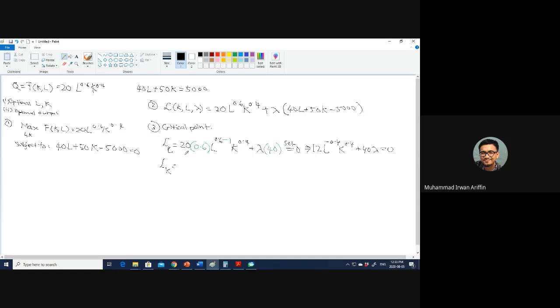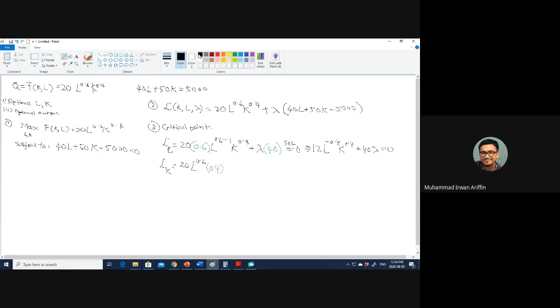So capital would be 20, and then let me just try to maintain them in order. So 20 L to the power of 0.6, and then we have K. So my K here would be 0.4, right? This is the coefficient.